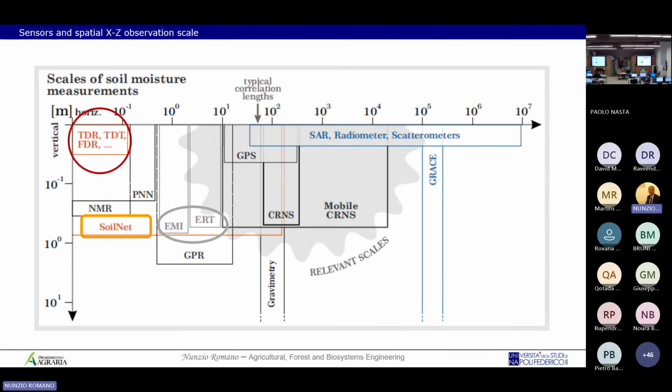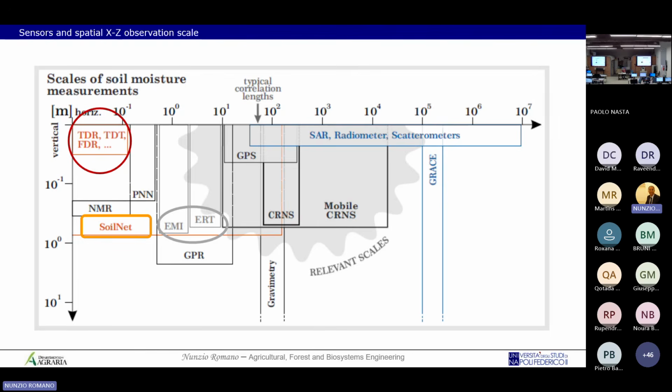So if parts of your area are different, you have to put sensors in the different parts and have a number of locations that have a statistical meaning, to obtain the average and to quantify the uncertainty. So this is one point.